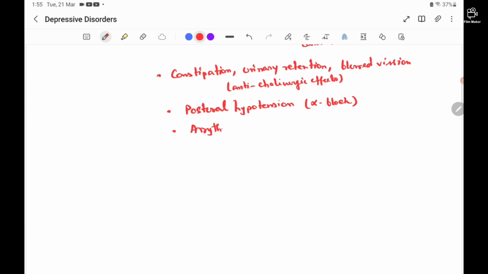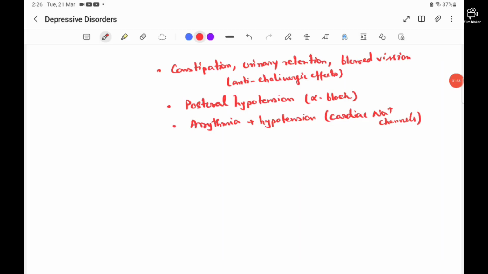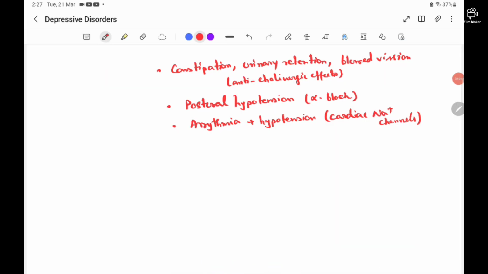Arrhythmia and hypotension as well due to block of the cardiac sodium channels. And another side effect is sedation.